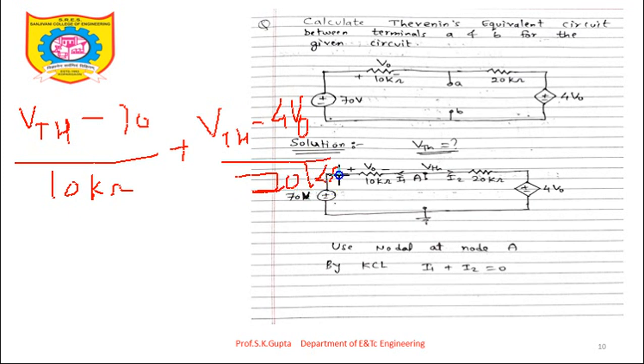So I need to adjust the denominator. Here it is 10k, here it is 20k, so simply multiply by 2 here, and the numerator also gets adjusted by 2. So denominator 20k is common and 0 into 20k is 0. What is left in the numerator? 2 VTH minus 140 plus VTH minus 4 V0 equal to 0. So 2 VTH plus VTH, 3 VTH.